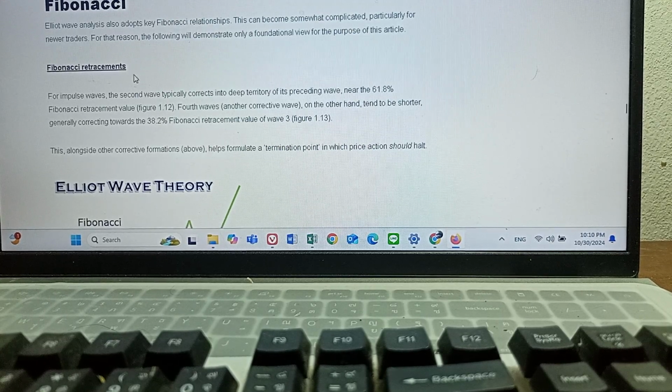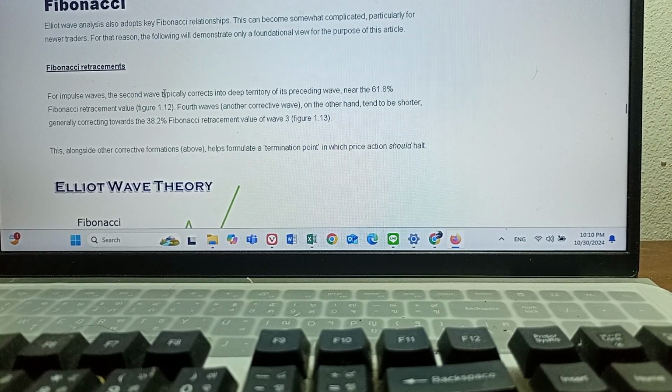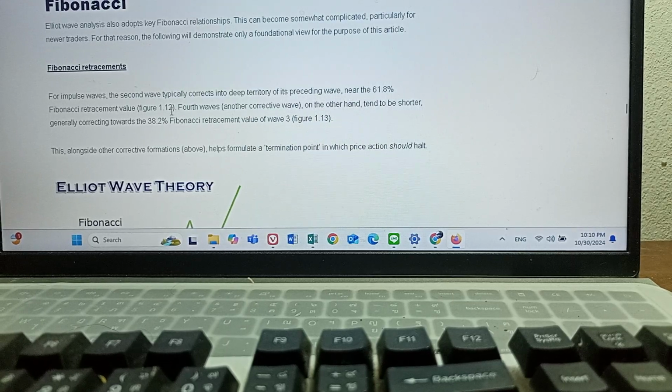Fibonacci retracement. For impulse waves, the second wave typically corrects into deep territory of its preceding wave, nearly the 61.8% Fibonacci retracement value. Figure 1.13.